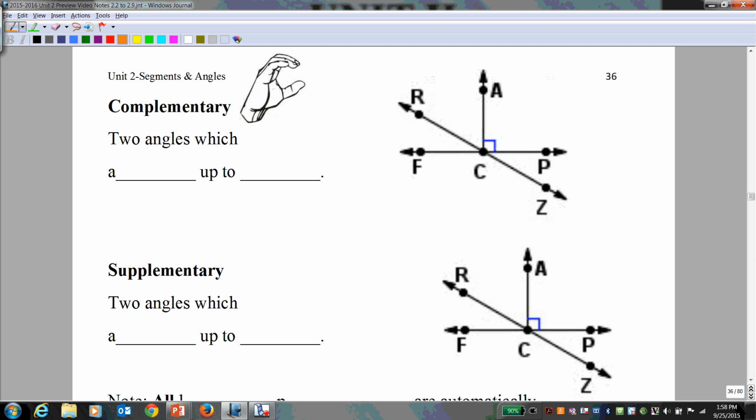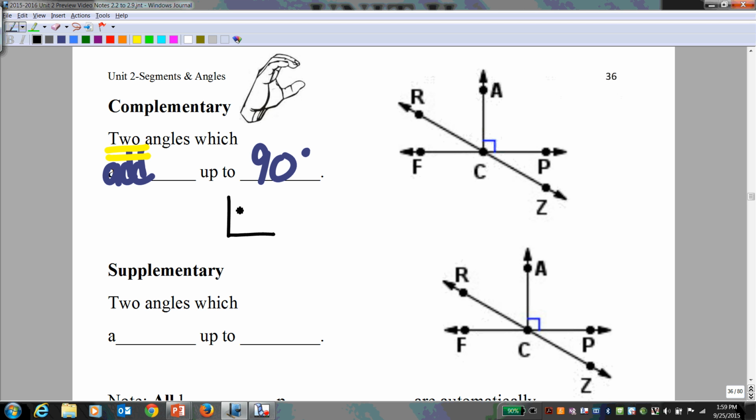Complementary and supplementary. Okay, complementary are two angles which add up to 90. Very important you understand this.